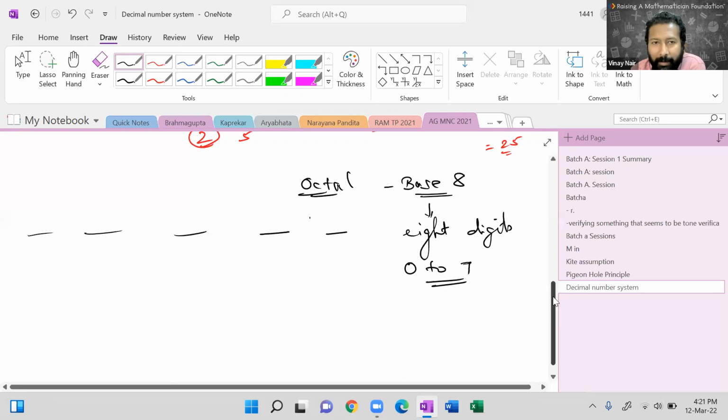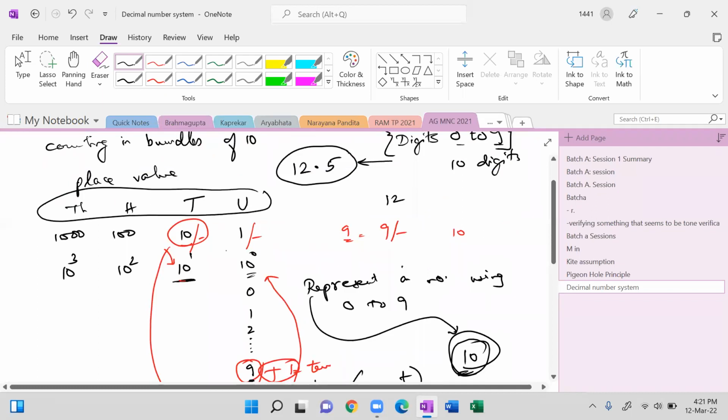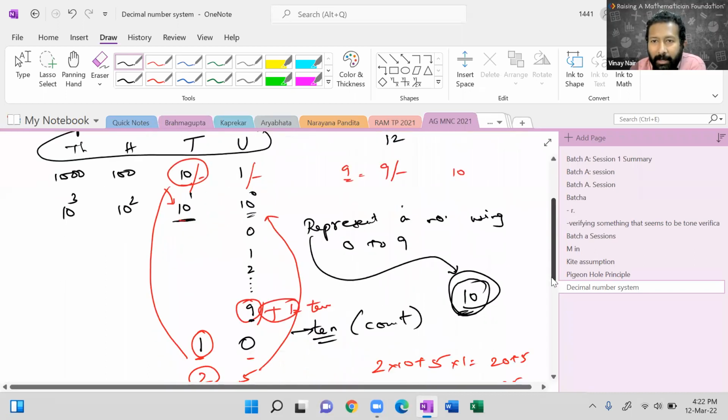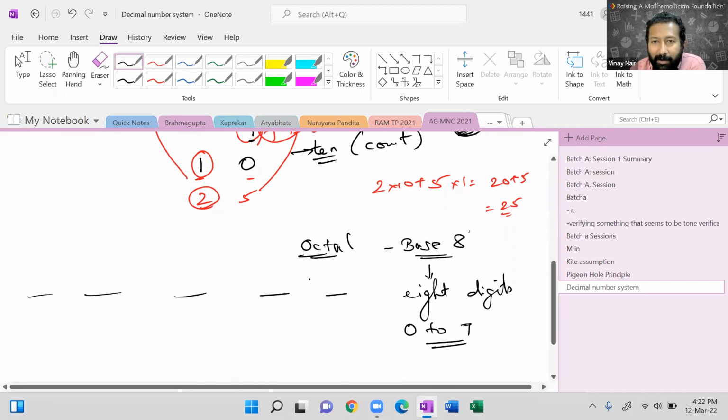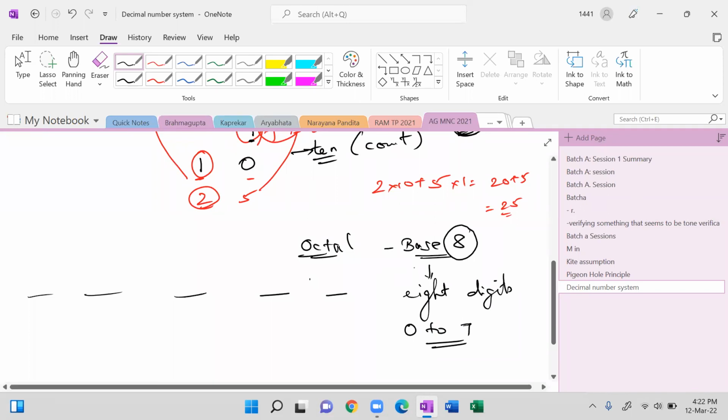I'll repeat. Our place value system in decimal is units, tens, hundreds, thousands. This is 10 power 0, 10 power 1, 10 power 2, 10 power 3. Now, when we have base 8 instead of base 10, what do you think the place values will be?